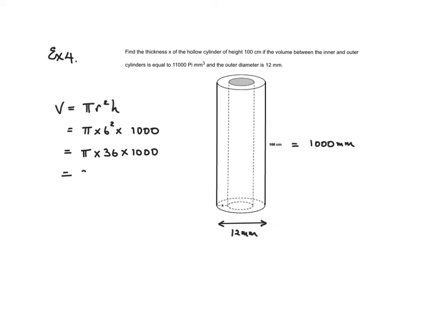So that's 36,000 pi millimetres cubed. The next thing I'm going to do, that's the volume of the full shape. Imagine we had a cylinder with no hole cut through the centre. That's the volume of the solid cylinder.